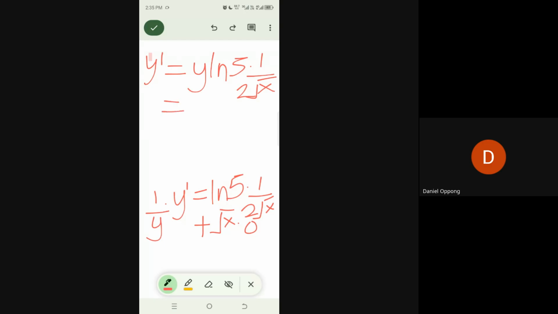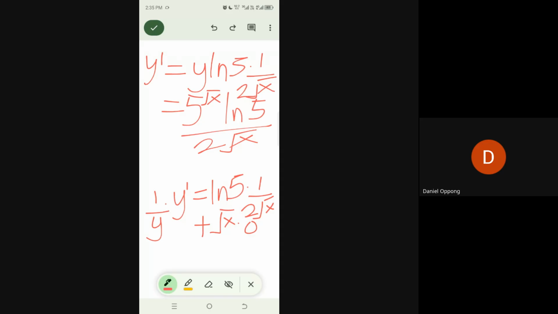So we stated earlier that y is equal to what? 5 to the power root x ln 5 all over 2 root x. I think there's a problem here.